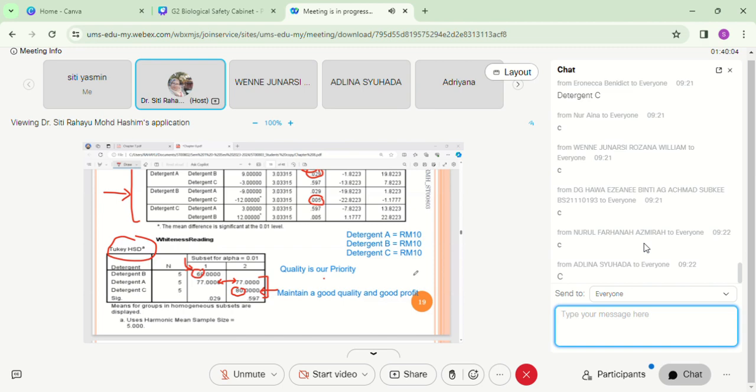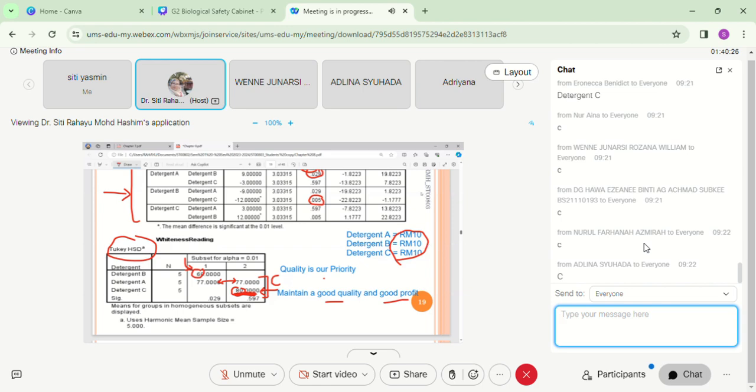Okay. Kalau harga dia sama, so I gave you all the values similar, right? So, good quality and good profit memang jawapan C lah. Ya, betul. Semua bagus. Semuanya sekata. Right? Because it has the highest whiteness reading.